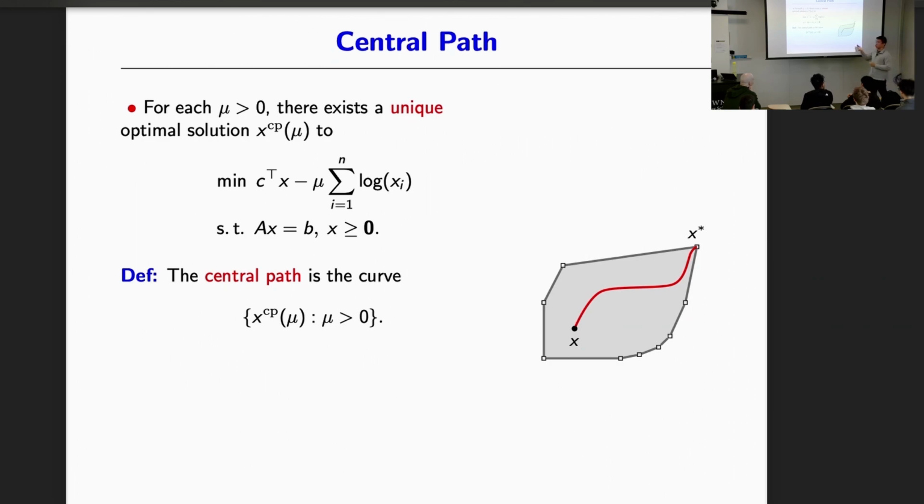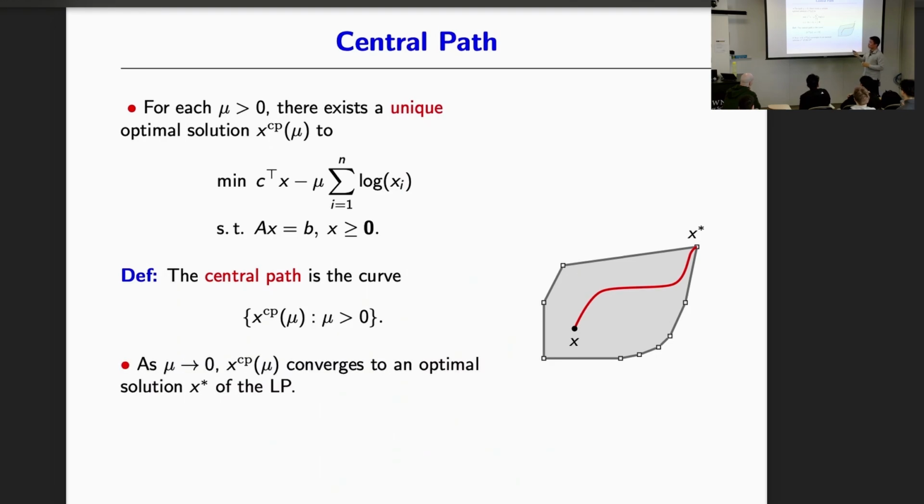And this curve will be smooth, and it starts from somewhere deep in your polyhedron, and then it slowly snakes its way towards an optimal solution. So imagine mu is a parameter that you can toggle. When mu is very large, the objective function essentially plays no role. So you're optimizing to be as far away from 0 on every coordinate, so you're deep inside the polyhedron.